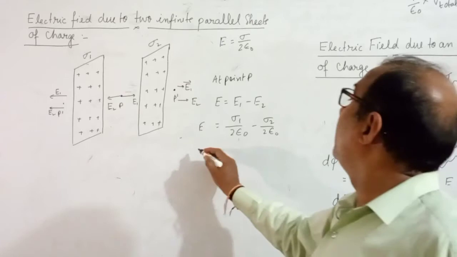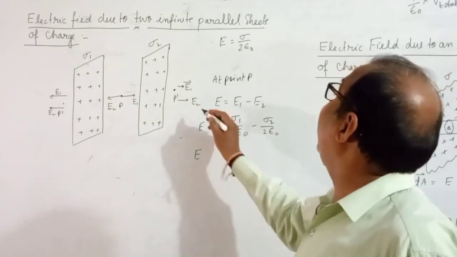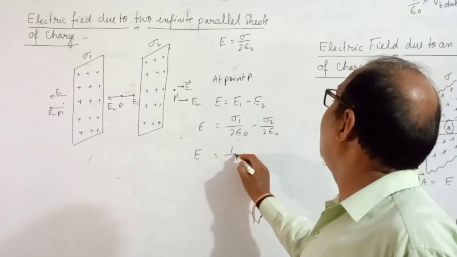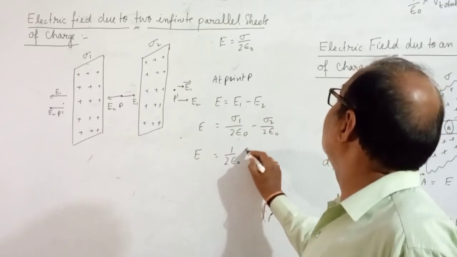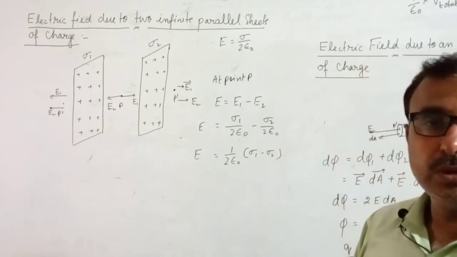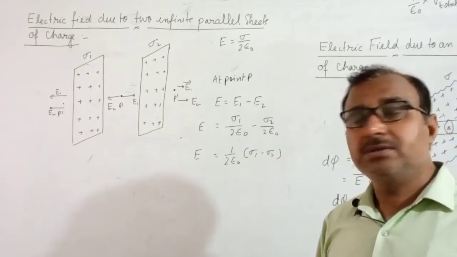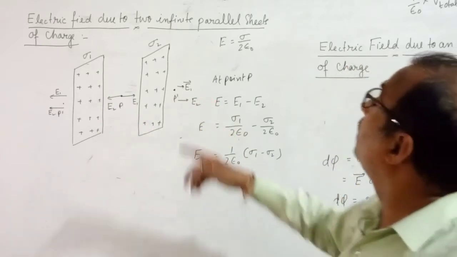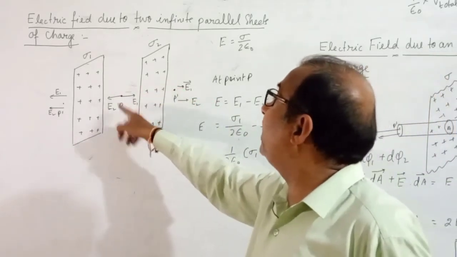Total electric field at point P is 1 upon 2 epsilon naught times (sigma 1 minus sigma 2). This is the intensity of electric field due to two sheets at point P.